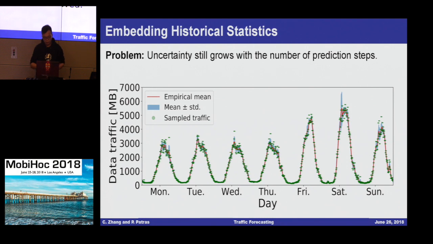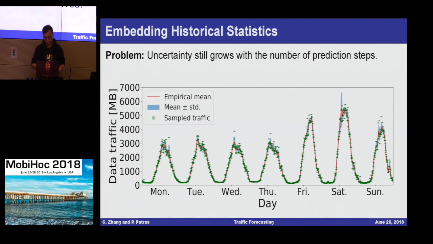The red line here is the weekly empirical mean that is calculated over the training data itself, and the green samples are the real traffic volume. So we can see that despite some outliers, most of them are really close to this mean value, which means that this empirical mean has some strong prior information that should be somehow embedded in the system.